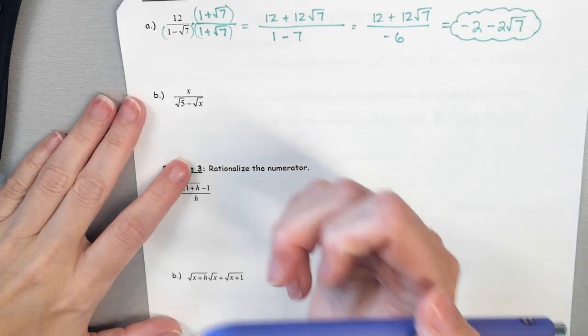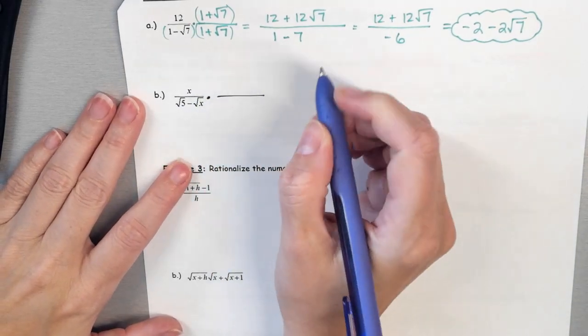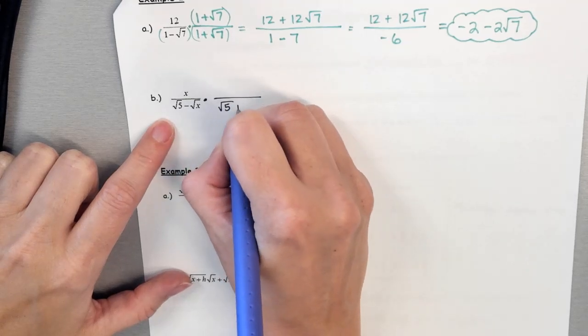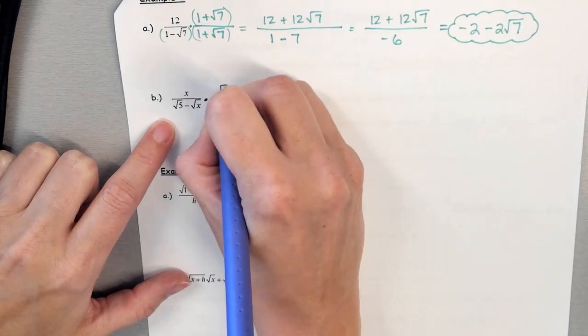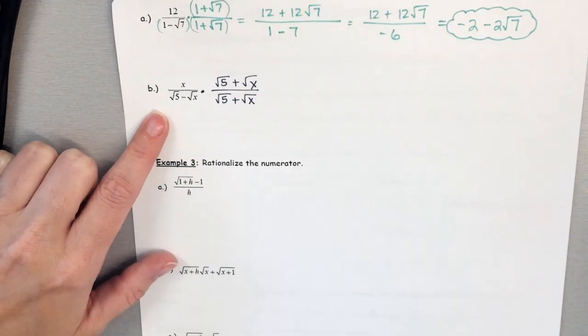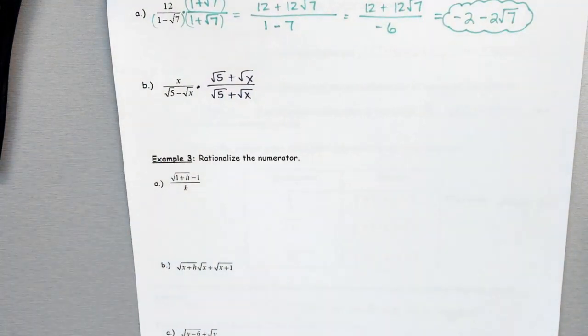All right, and then for this one, the conjugate is going to be root 5 plus root x. So we're going to do that on the top and the bottom. Okay, so I'll give you a minute to FOIL the bottom. First, outer, inner, last.